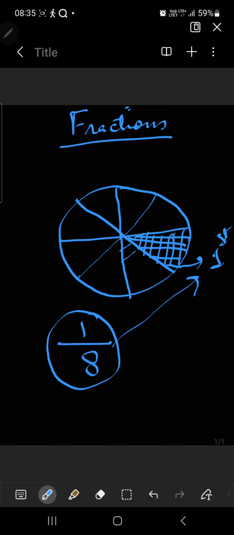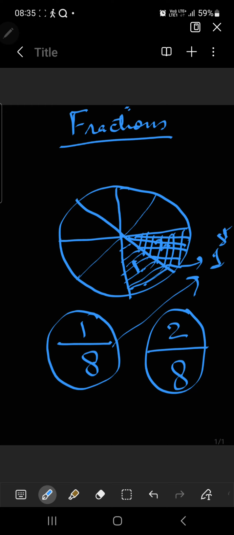Suppose I give this part also to the same friend. Now what happens? I had given 2 equal parts to my friend. Out of 8 parts, I had given these 2 parts to my friend. So the fraction of cake I had given to this friend would be 2 by 8, or if we simplify this, we can divide both numbers by 2, then we will get 1 by 4.